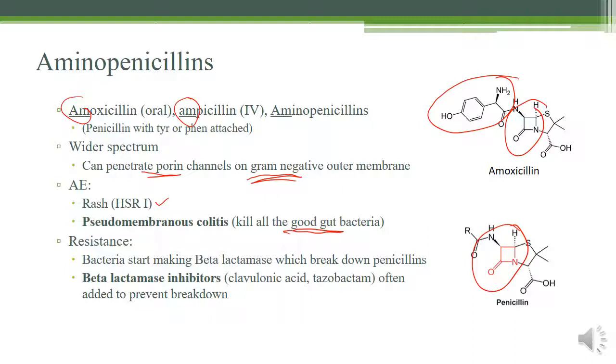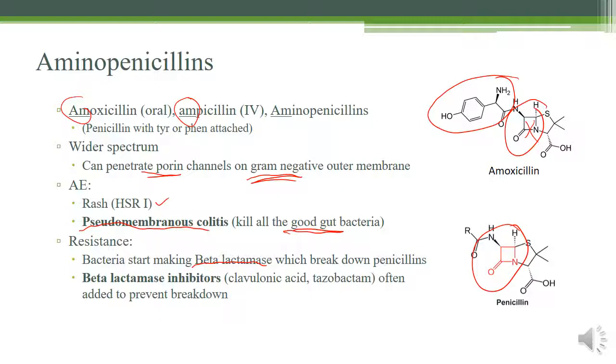And when it colonizes it, it can cause an inflammation from all your immune system trying to fight it off. And this inflammation will cause pseudomembranous colitis. So if you wanted to review that, you could just go look up C. difficile and see how that mechanism works. Now, resistance is just like any beta-lactam. You can make a beta-lactamase, which is just to break the ring.